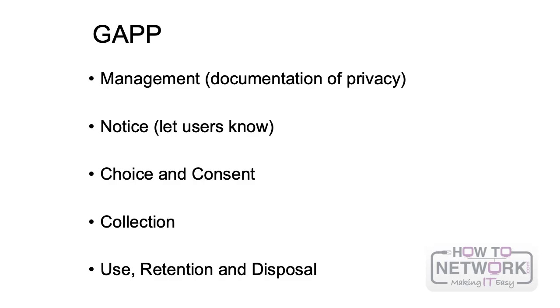So the user must be aware that their information is being kept and will be used. If possible, the user must know how that information is going to be used, retained, and disposed of, and even when that information is going to be disposed.